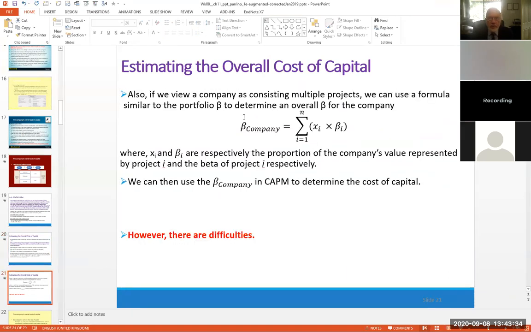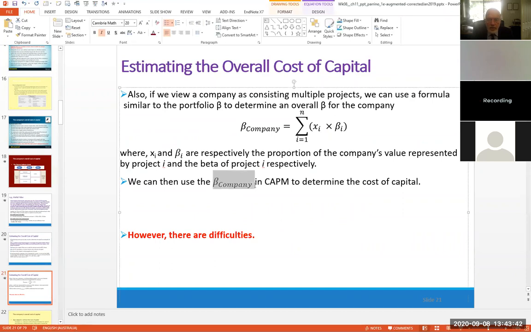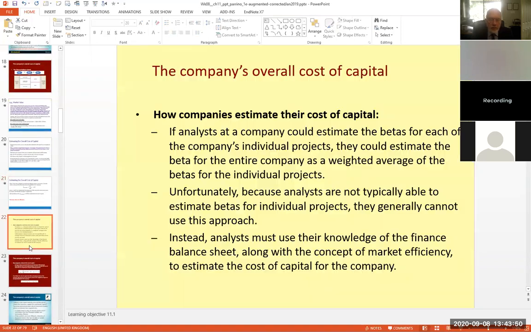However, there's a problem, and that is that this approach only works if we understand the betas involved. Let's look at the reality.